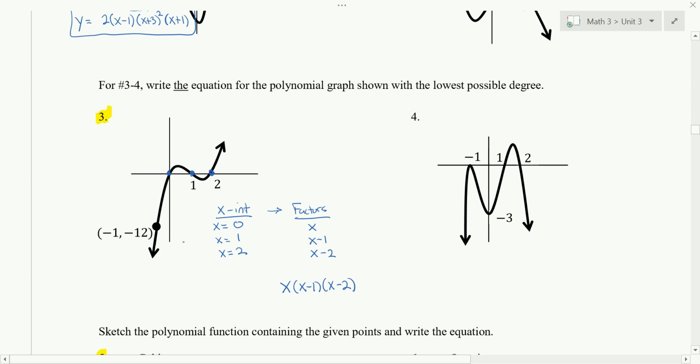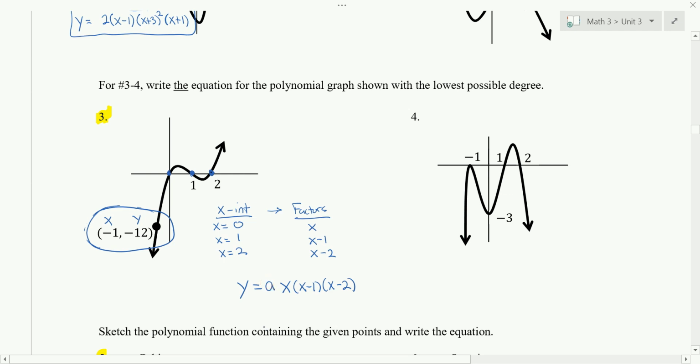The only thing now is we need to make sure this equation goes through this point at x being -1 and y being -12. So this is y equals some number in front of the x to make this work. Right now I'll call it a.